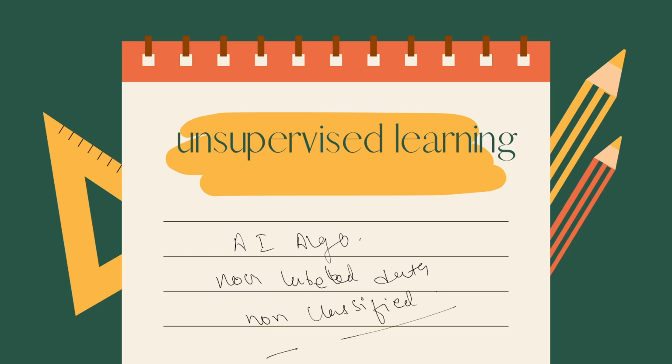One of the previous questions also asked which of the following deals with unlabeled or non-classified data. The right answer was unsupervised learning. It allows the system to identify the patterns within the data set on its own.